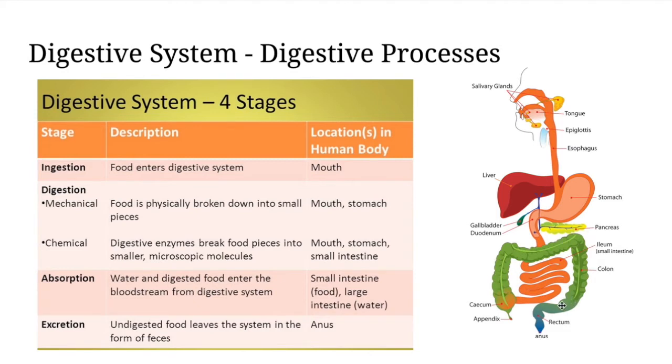Water is going to be absorbed in your large intestine, which you can see is this greenish structure here in the diagram. And then finally, the last stage would be excretion. Food that is undigested that remains is going to be excreted from the body through the anus.